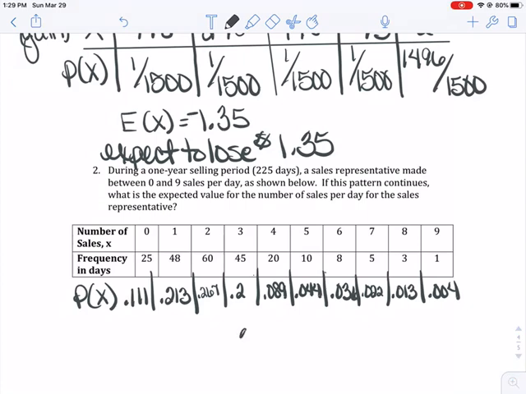All right, so I got 2.433, and that's going to be our expected value.